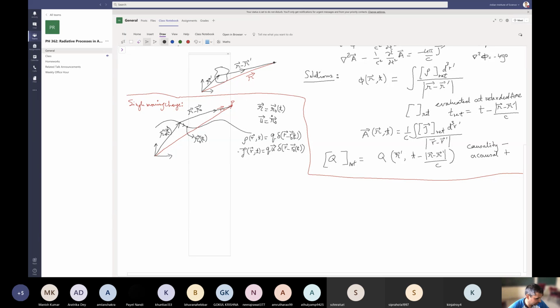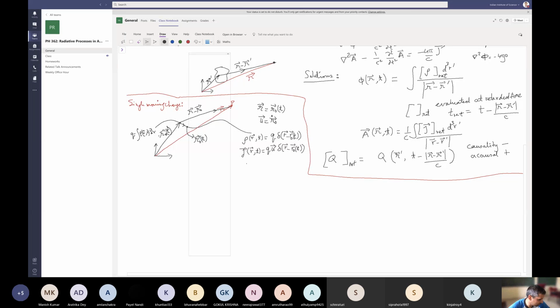This is the charge density, and this is the current density. Of course, you can verify that Q is equal to the integral of rho d3r.